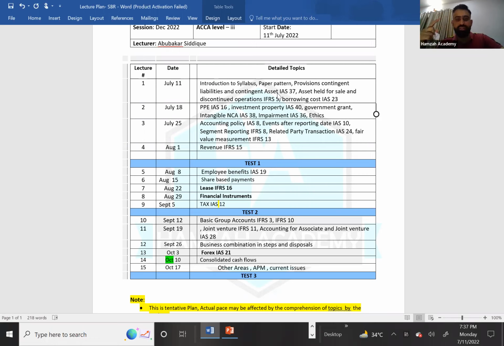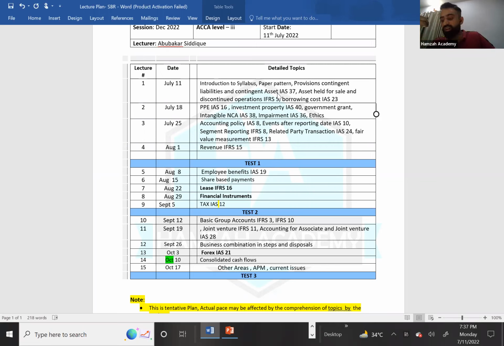They are also concerned about the performance of a major product line of their business, and the performance of their major geographical areas. So there comes IFRS 8 about segment reporting, where we report major product lines and different geographical areas as the segments of the company.